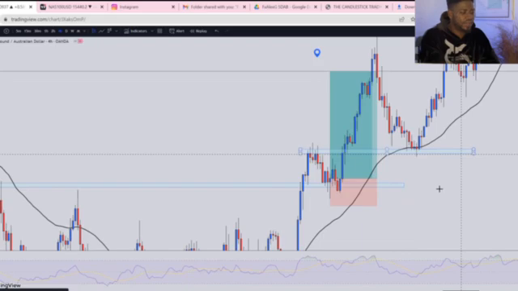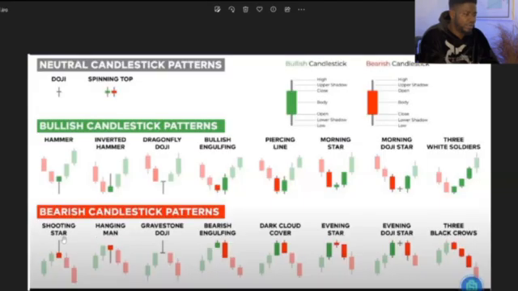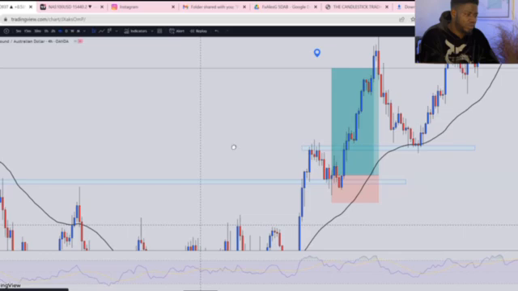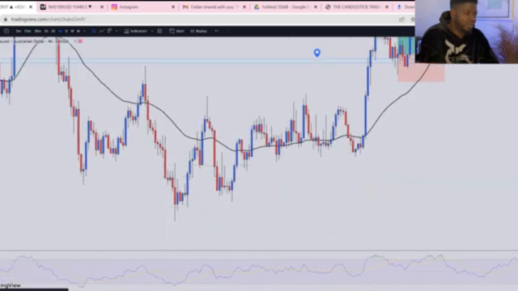So the next candlestick we will talk about, the opposite of this candle, is the evening star or shooting star. You can see it here, the shooting star candlestick pattern. So that one, once you see it at a resistance zone, you just take a shot.